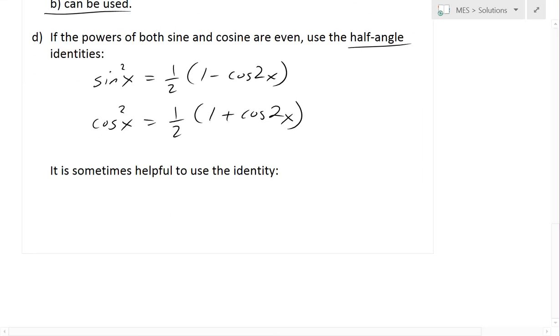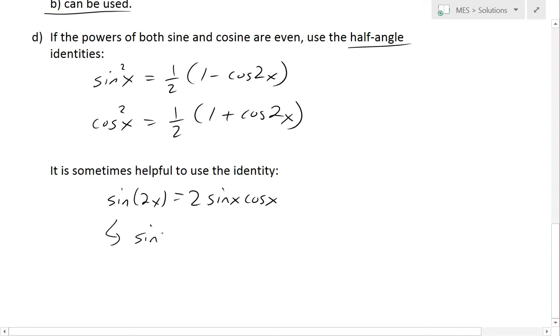It's also sometimes helpful to use this identity: sine of 2x equals 2 sine x cos x. If you are ever dealing with sine x cos x, you can rearrange this so that sine x cos x equals 1/2 sine 2x.